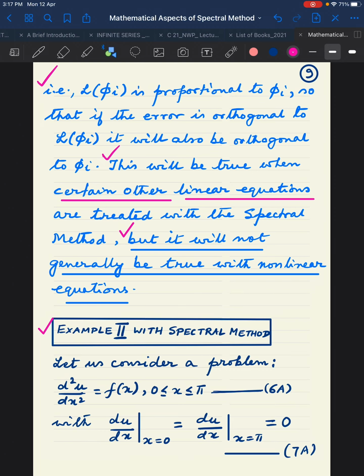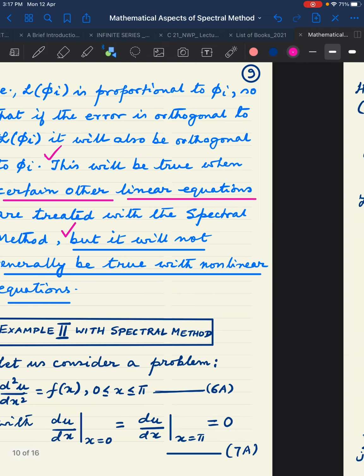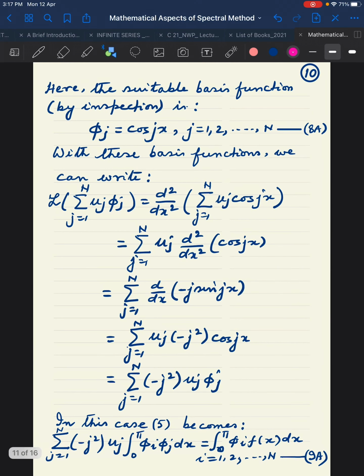I know if it were a live class you could have given me the answer. It's not very tough to guess, and I think you have already guessed it correctly. The suitable basis function by inspection here will be cos(jx), so that the boundary conditions are satisfied, and later we will see its orthogonality property.